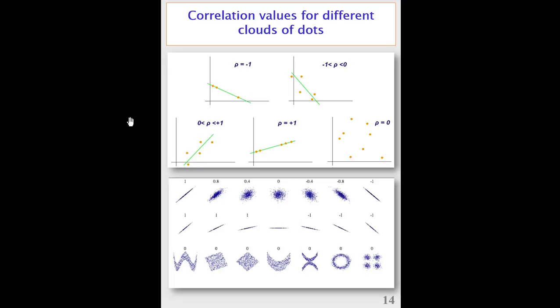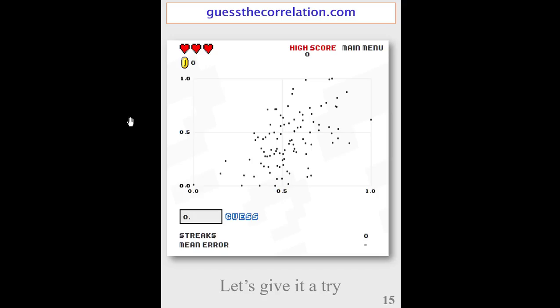It's good to get a feel for what these numbers are. And one way to do it, let's see if I can get that to work, is to go to a website that's called Guess the Correlation. I think I have that here somewhere.